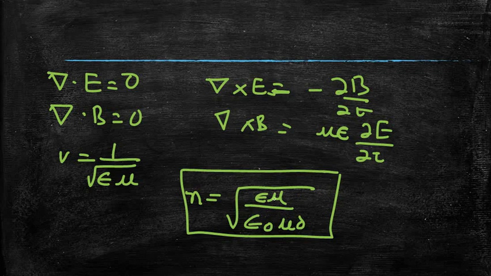This shows the index of refraction in terms of the electric and magnetic properties of a material. Index of refraction is definitely a material property, and here it has been expressed in terms of the electric and magnetic properties. This is related to the electric property, and this is related to the magnetic property, both in medium and free space.